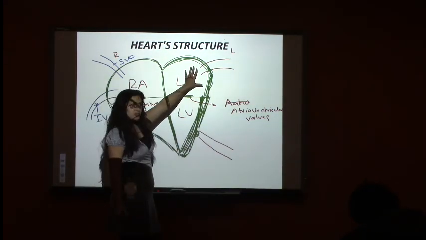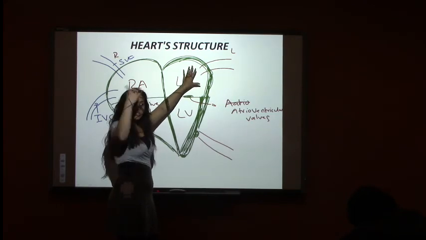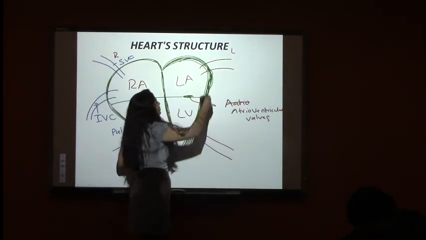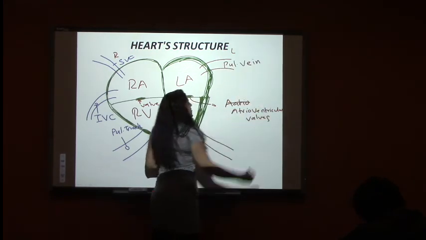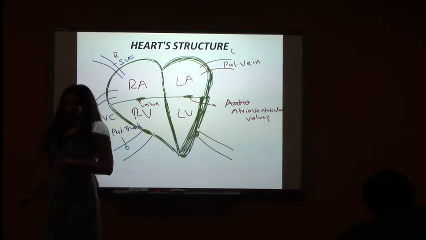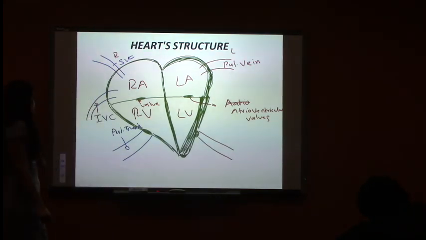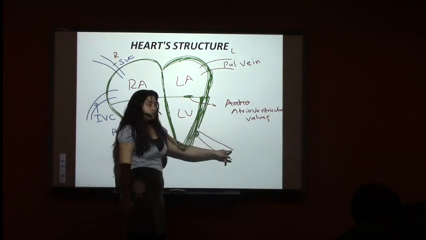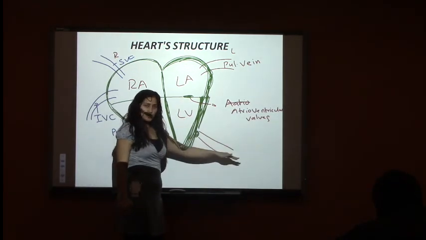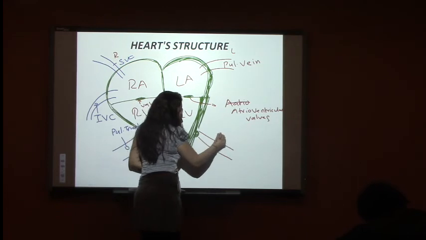The left atrium is pierced by a vessel that drains blood into the left atrium, which is called the pulmonary vein. The left ventricle sends an outgoing vessel which drains blood, and this is the aorta.